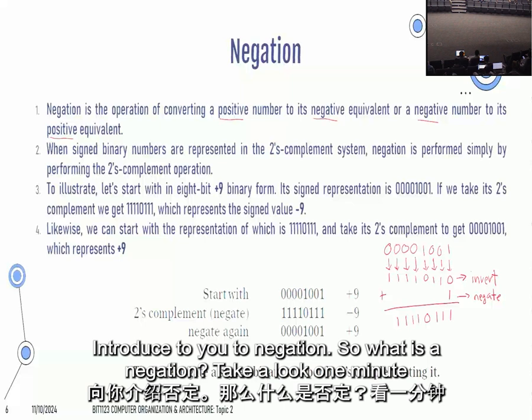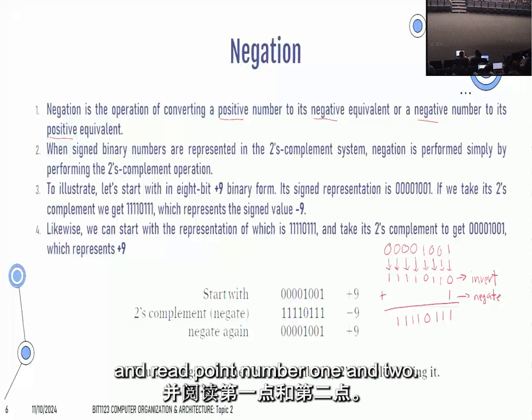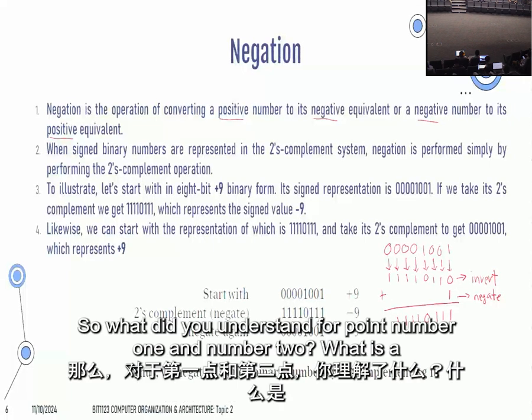Introducing to you negation. So what is a negation? Take a look for 1 minute and read point number 1 and 2. So what did you understand for point number 1 and number 2?